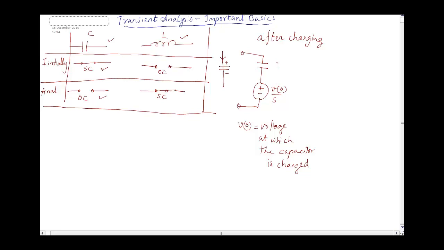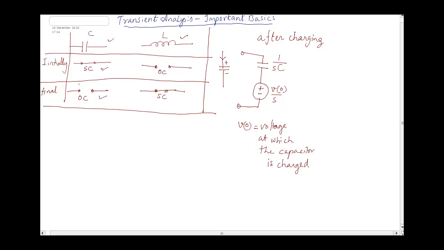After charging, the capacitor looks just like this: a capacitor having a value 1 by SC, and a voltage source V naught by S, where V naught is the voltage at which the capacitor has charged. Now you might be asking, what is the voltage at which it is charged? I told you here that the capacitor after charging becomes an open circuit.